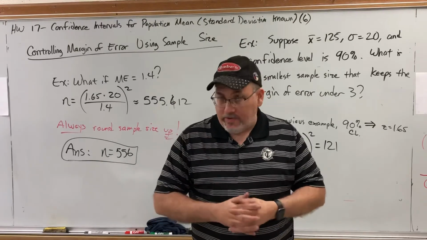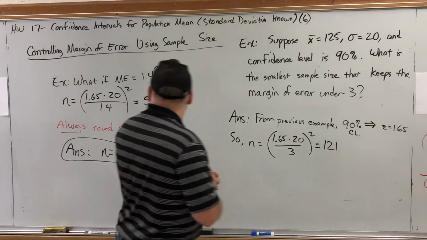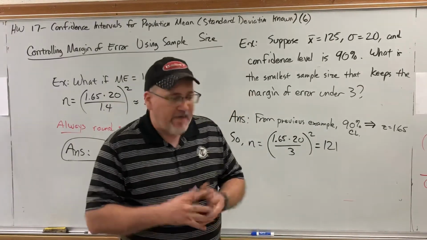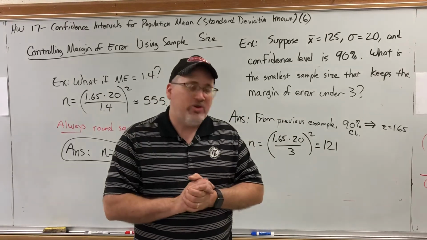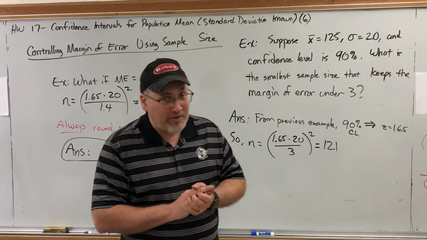That gives you your critical value. And then you calculate your standard error, which is sigma over the square root of n. And then you multiply those two to create your margin of error, and then just add or subtract it to your x bar. Once you do a few, you realize, hey, this is actually pretty easy.